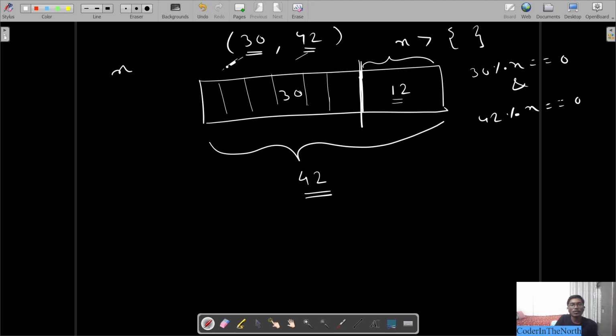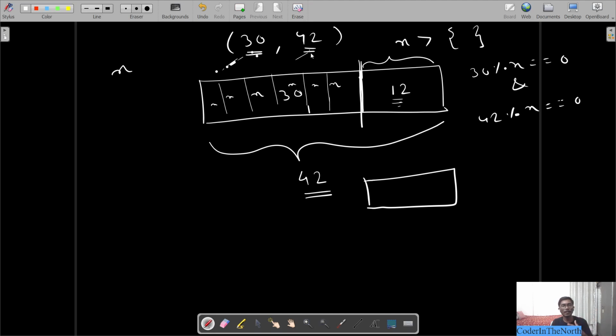After dividing that 30 and removing those 30 parts, these are all x. If I remove those x out of 42, a block of 12 will remain, because I'm considering I have such x which divides 30 and 42 both.